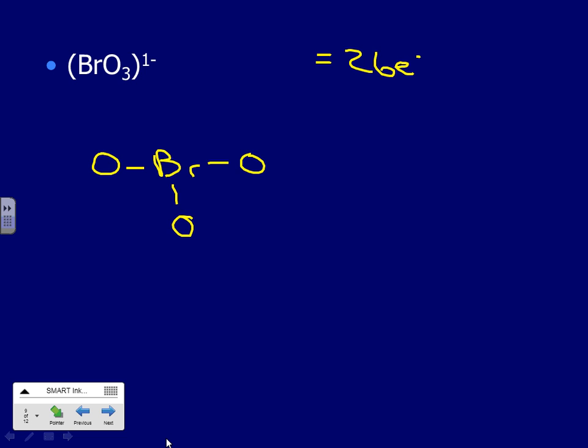We use 6 to build the skeleton. 20 left. Start distributing. Start from the outside. 7, 8, 9, 10, 11, 12, 13, 14, 15, 16, 17, 18, 19, 20.